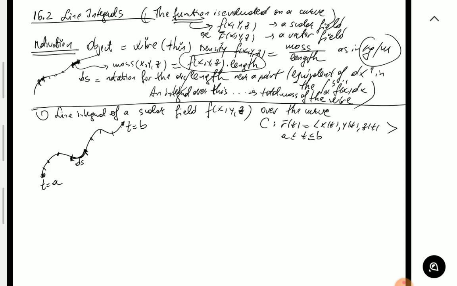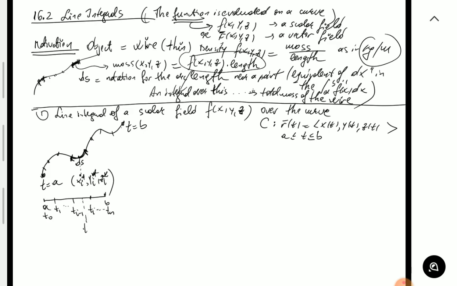We're going to pick an intermediate point. Let's call that intermediate point xi star, yi star, zi star. That's a typical notation because it results from splitting the parameter domain into the partition t naught, t1, ti minus 1, ti, and so on up to tn.